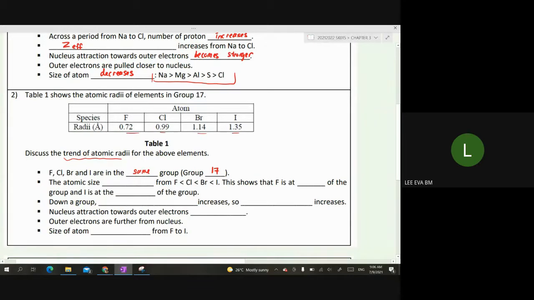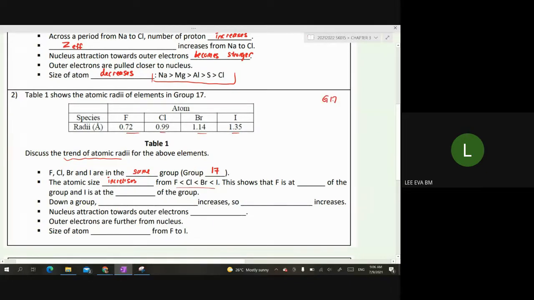The values of the radii are given. Increases from fluorine to iodine. You can write it this way or in a sentence from F to I. This shows that fluorine is at the of the group and I is at the of the group.